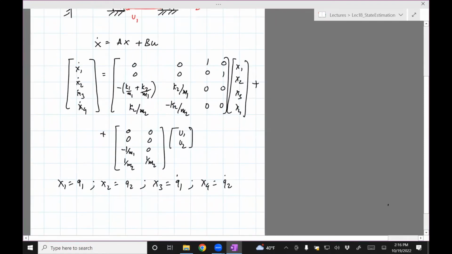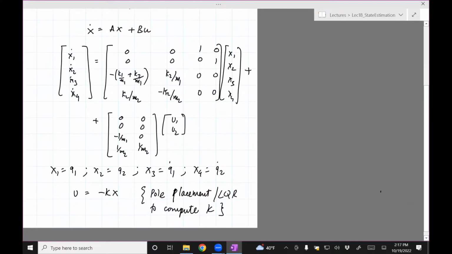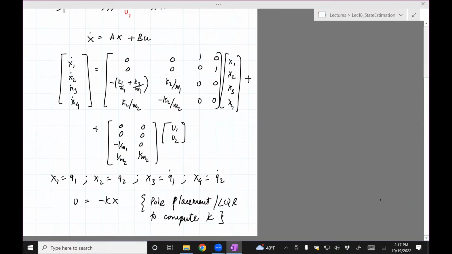Okay, for such a system, we had figured out that we could use either pole placement or LQR to compute the gain K, right? Once we have the gain K, we can then control the system in the way we want.